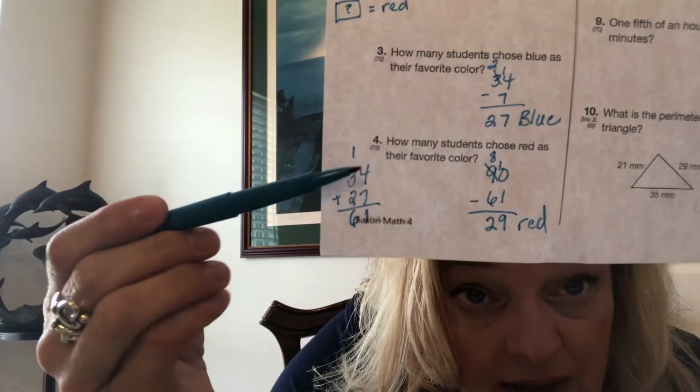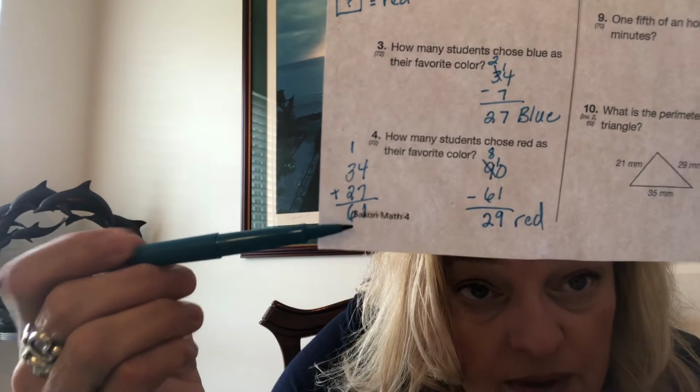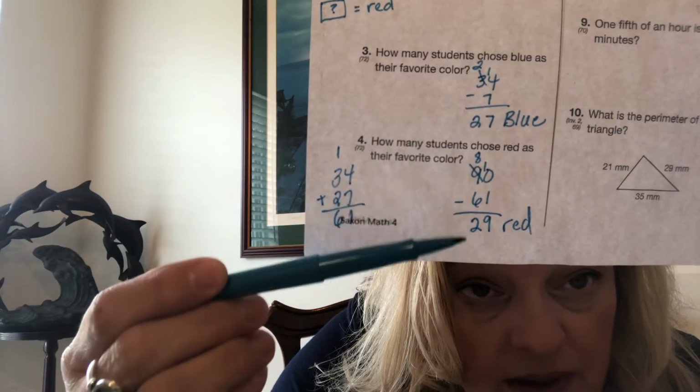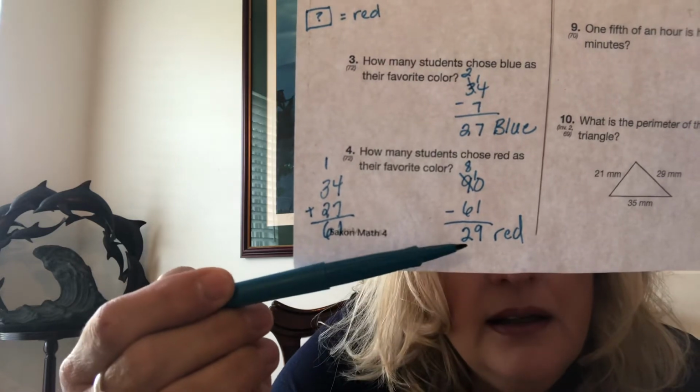This is how I figured out how many had voted for blue or green. I subtract it from the total amount of 90, and then boom, 29 voted for red. Let's go to number 5. Which color received the fewest votes? I'm not going to give you the answer. I want you to go back and see if you can remember what you did with your work.